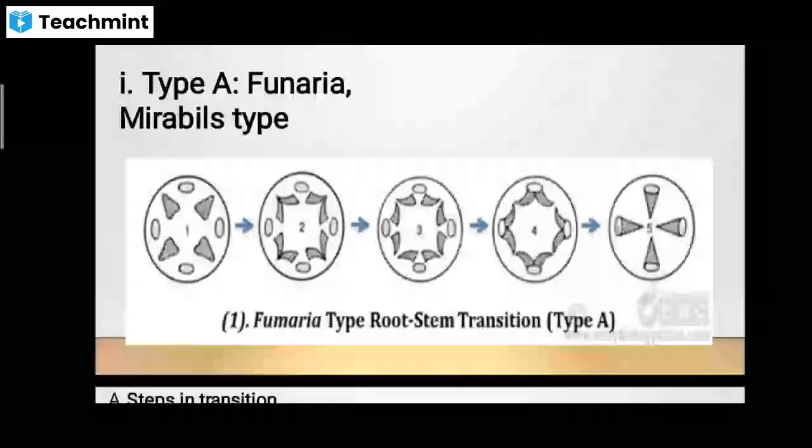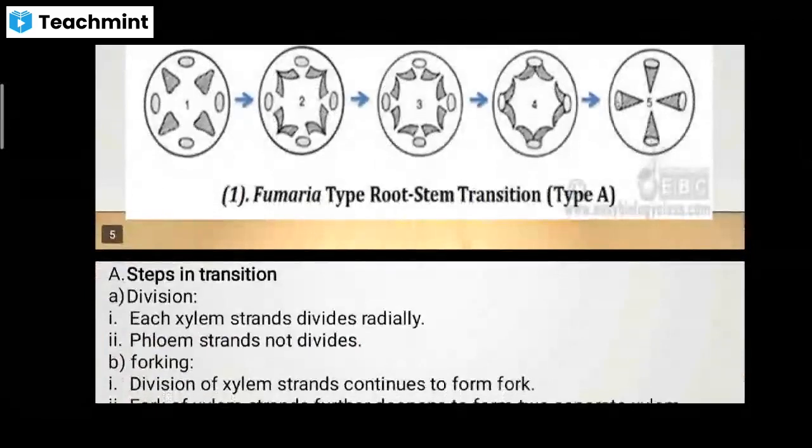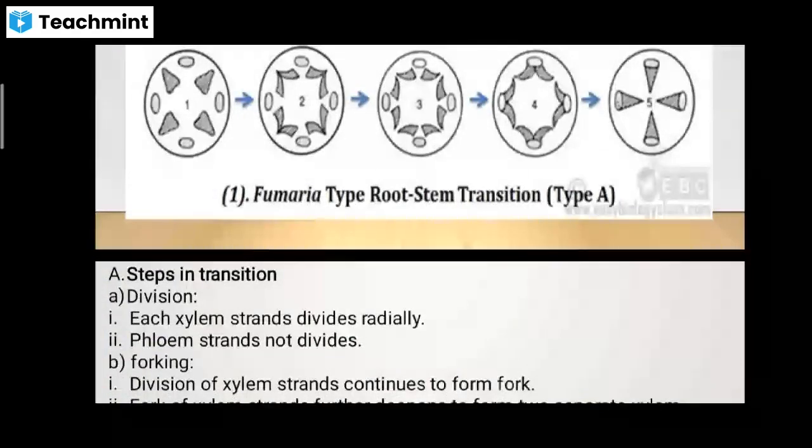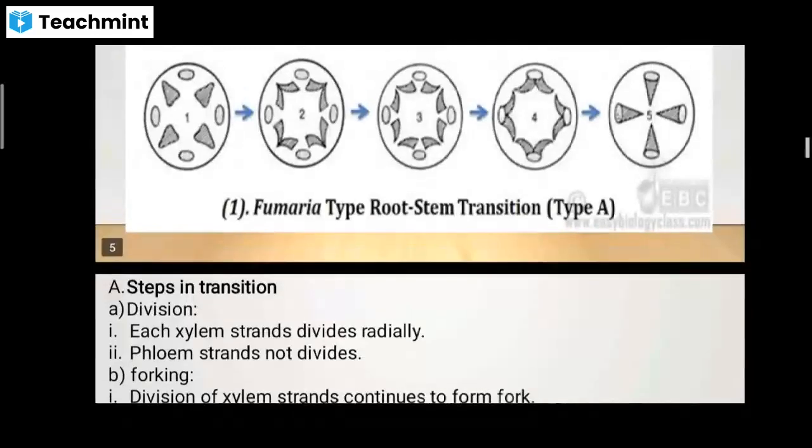So which steps take place in the root-stem transition? The first stage of the root-stem transition is the division stage. Division means each xylem strand is divided radially, but the phloem strands are not divided. You can see the second figure.